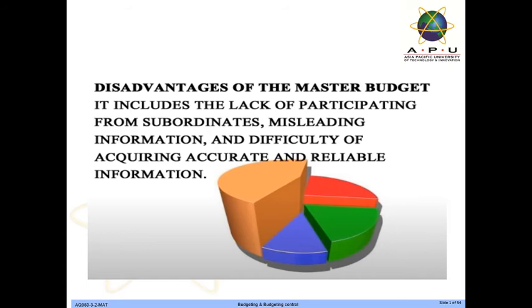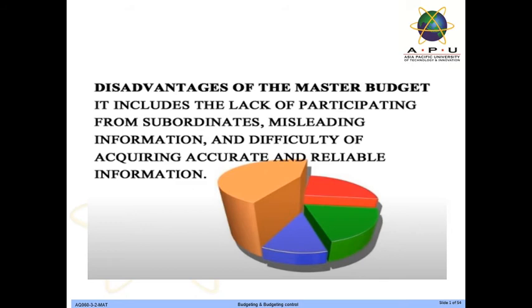So what if the subordinates give you a lack of information? It's complicated, right, to create a budget without enough information resources. It may also be misleading information, and it is difficult to acquire accurate and relevant information.